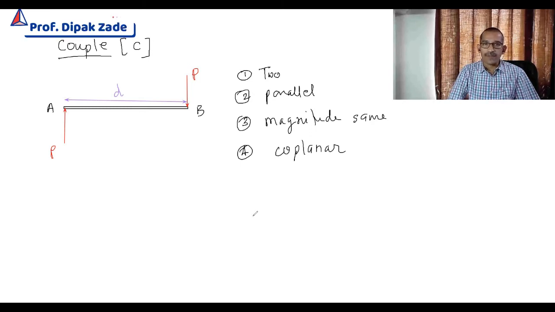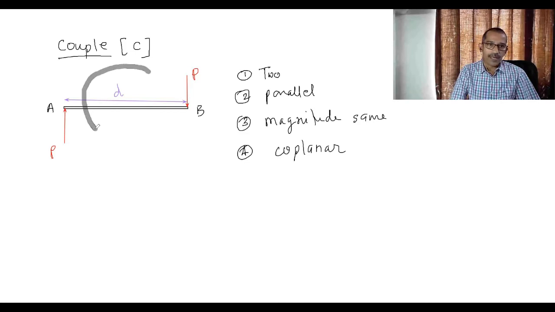In one plane. Then due to such two forces, if we assume this bar, you can say a pen, you hold a pen and apply forces, vertically downward at B, vertically upward at A. What effect will we get? This bar may rotate like this. In what direction? This will be in clockwise direction.